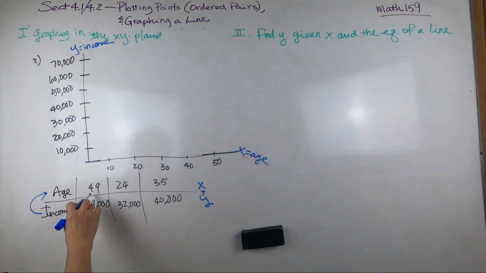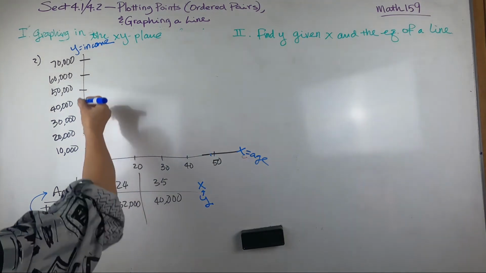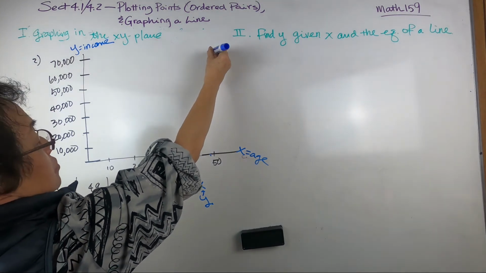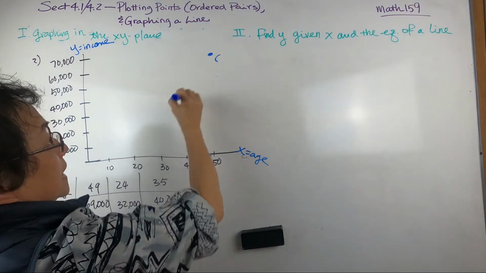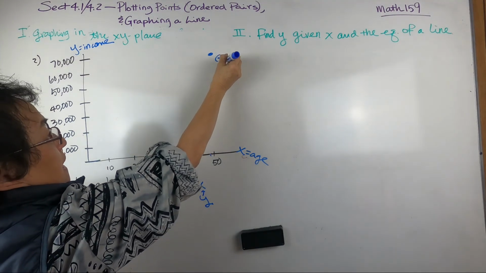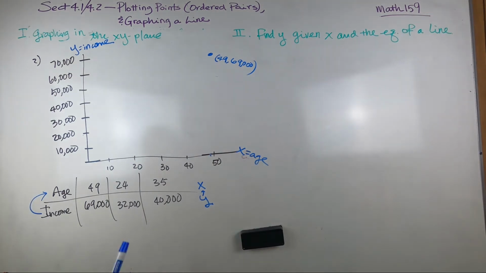So age 49, 69,000. So 49 is about here, 69,000, almost 70,000. So that would be your point. So you write it as an ordered pair, right? So that would be (49, 69,000). Okay? Second one, 24, 32,000.